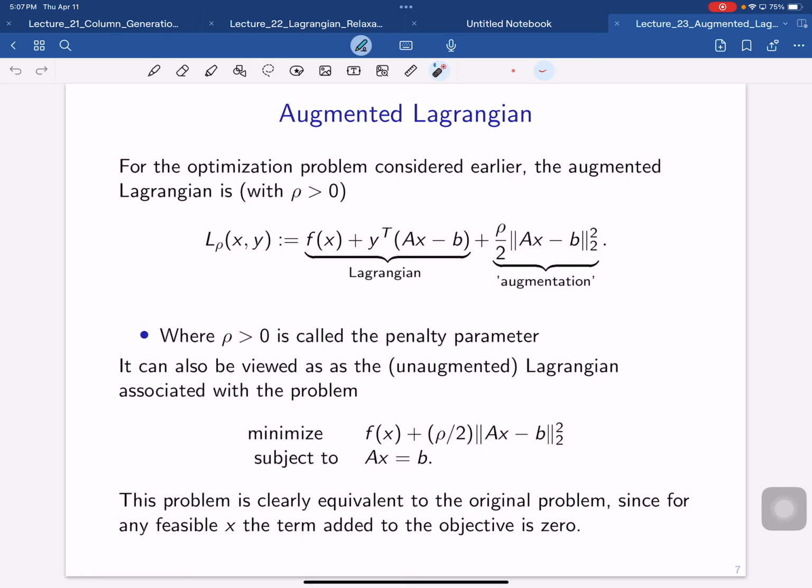That gives you a way of forcing this method to satisfy this equality constraint. The other way to look at this is the following. We can rewrite the original problem as this problem here. Why is this problem equivalent to the original problem?